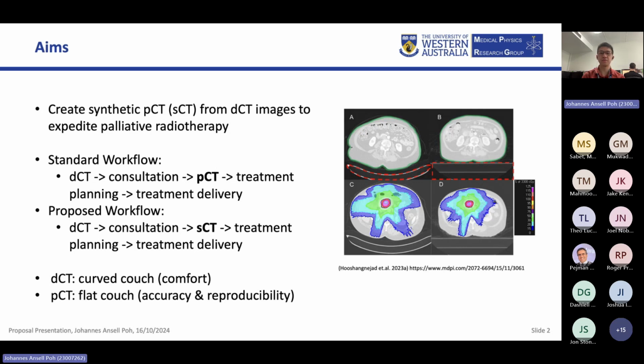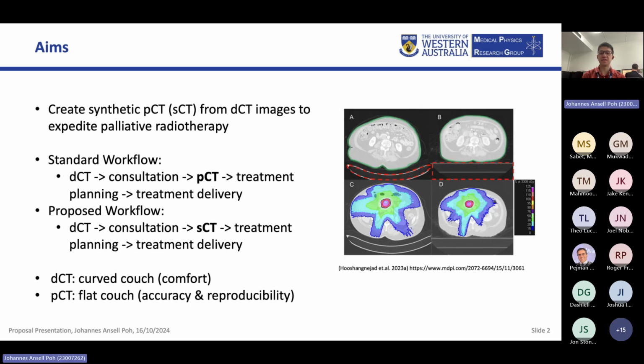So the reason we need to create the planning CT images instead of just using the diagnostic CT images is because diagnostic CT uses a curved couch. As you can see in the image on the right, images A and C have a curved couch with the patient's anatomy following the curved couch.